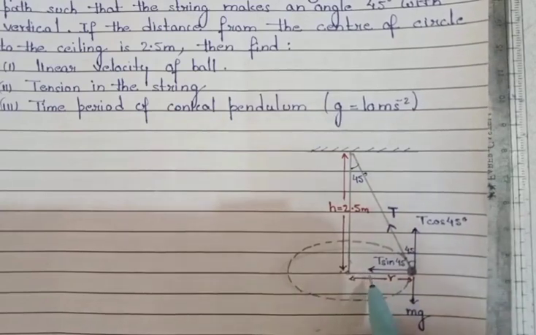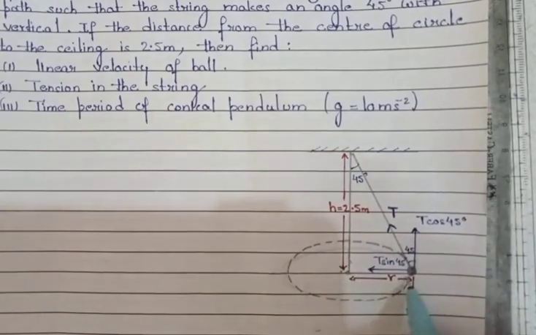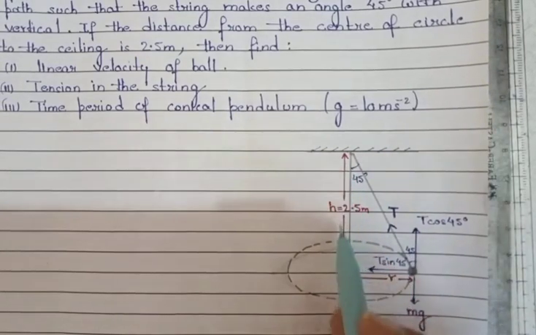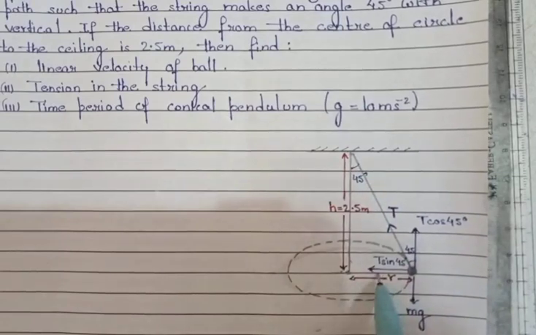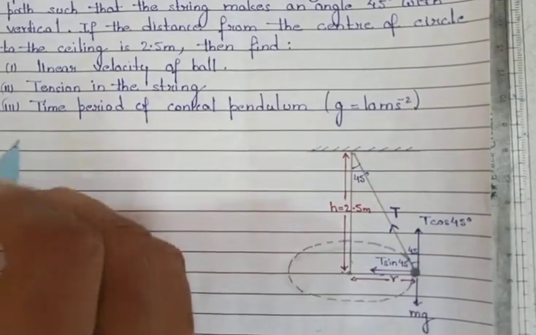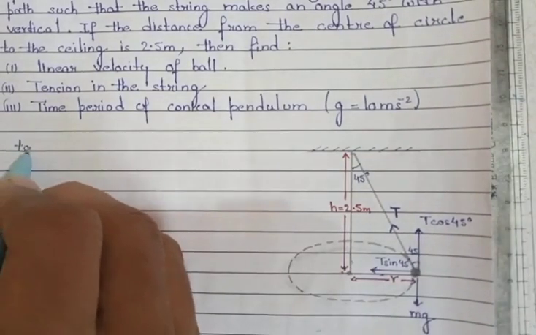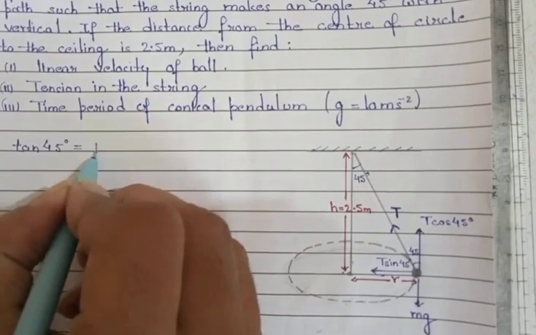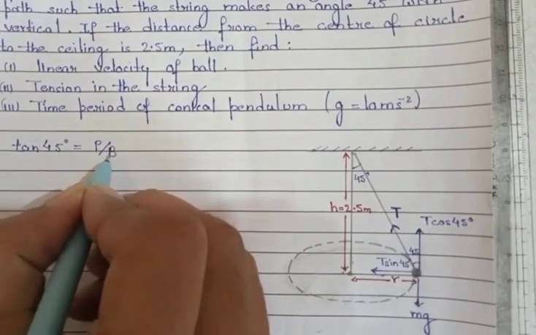Okay, so let this be the radius, which is unknown to us. First of all, what we will do, we will solve this right angle triangle to get the radius. Here we can apply tan 45 is equal to perpendicular upon base.